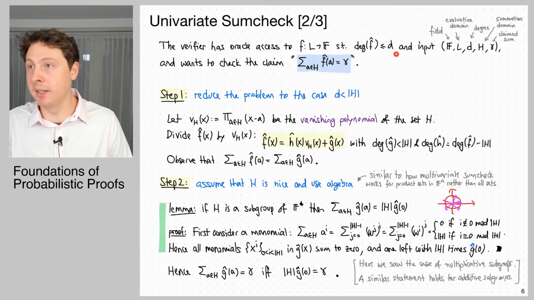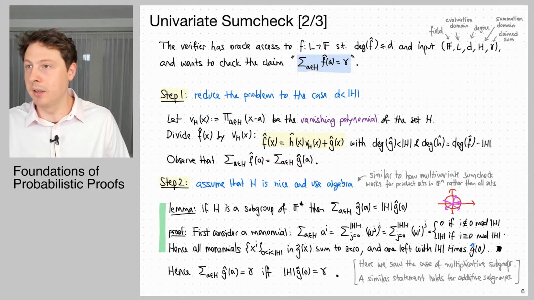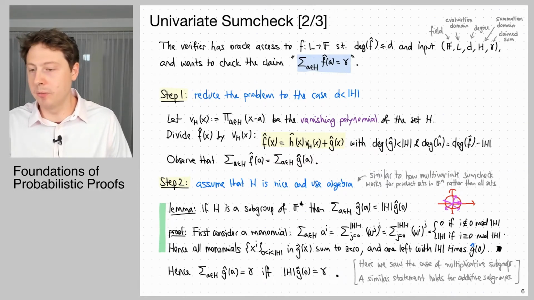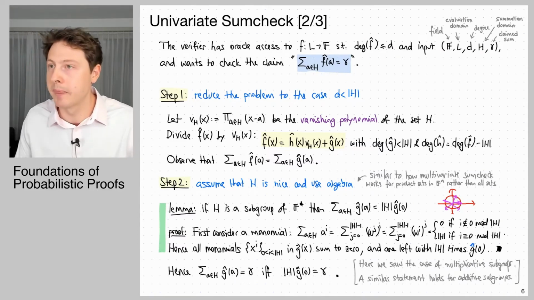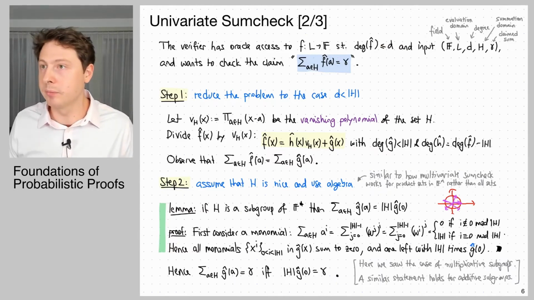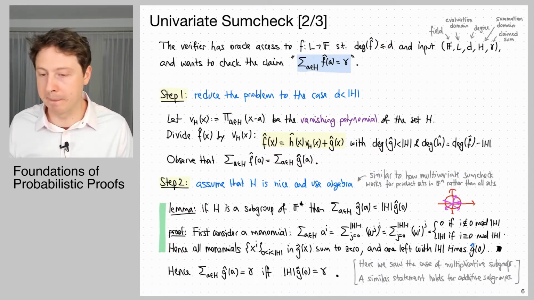Otherwise, I wouldn't write D here, right? So we know that F is going to be at least the size of D, and generally D will actually be larger than H. So here the dominant term in this entire slide is D. The point is, as long as F star is at least twice as large as the H you want, you should be good, right?